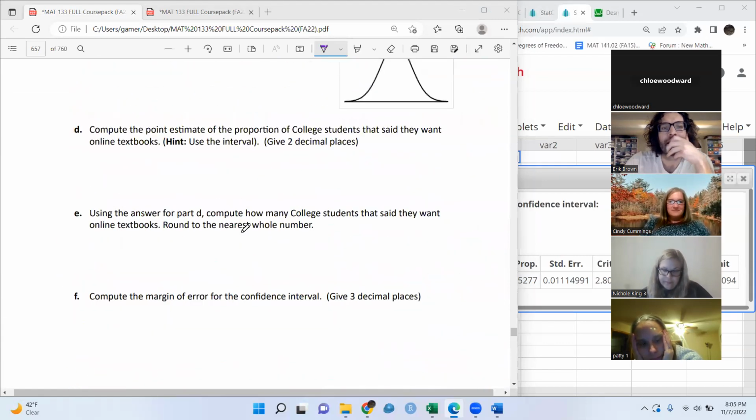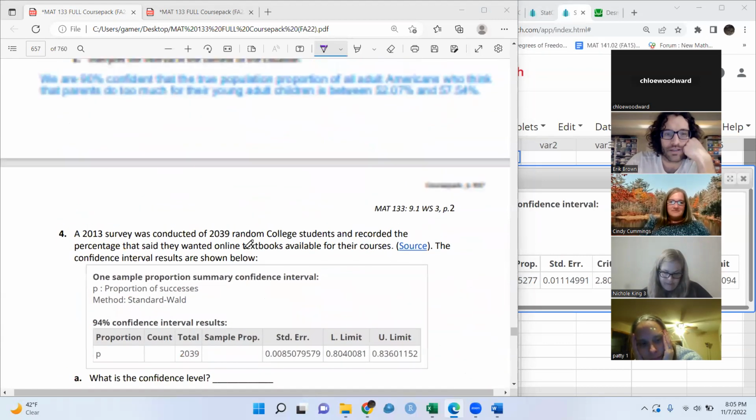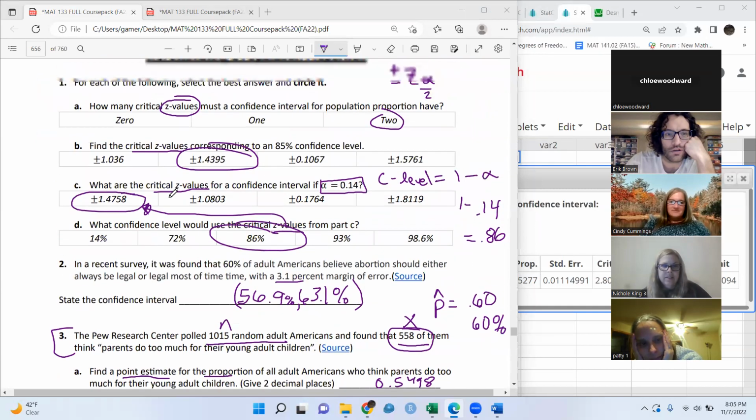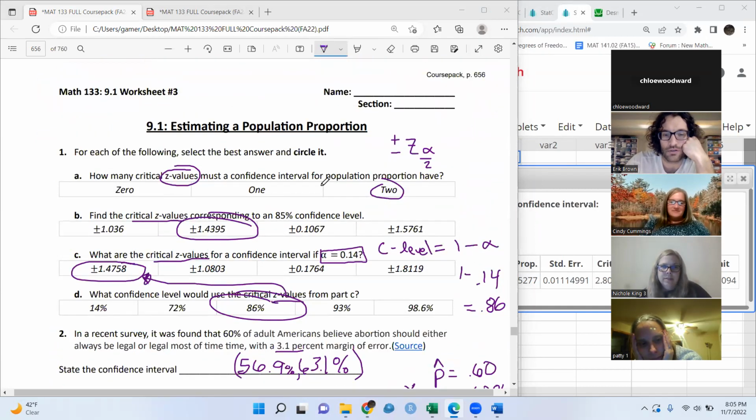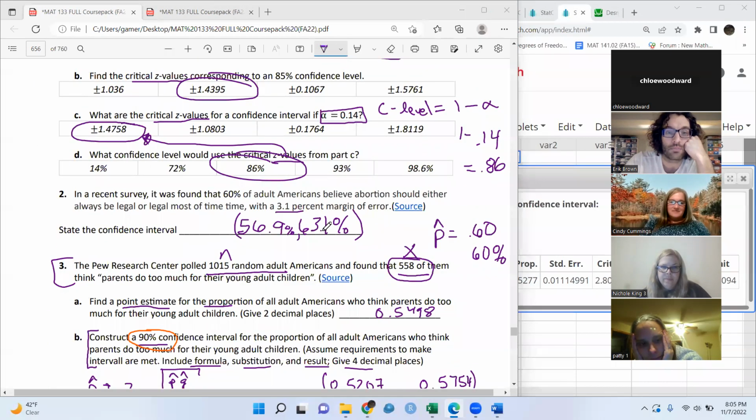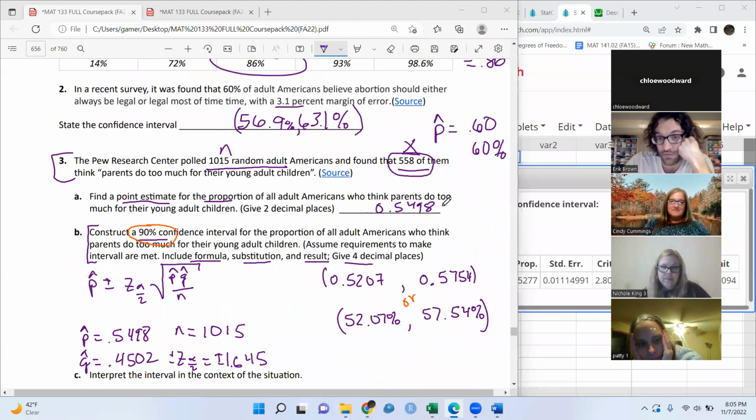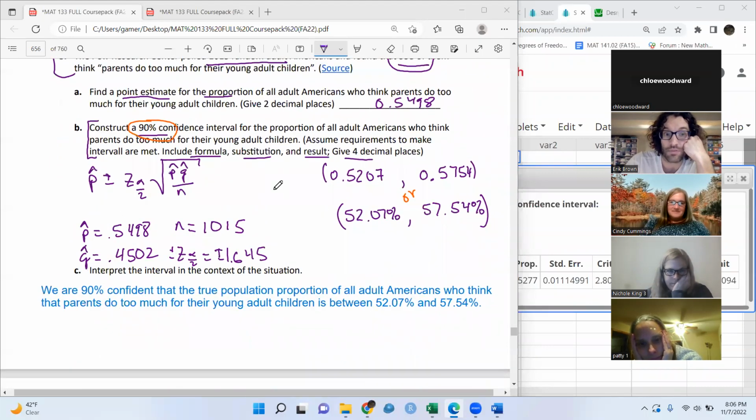You correctly calculated critical z-scores here, and you've correctly put together a confidence interval, and you've been able to identify a p hat knowing X and N. This problem just smashes all that together. You're fine, Nicole, promise.